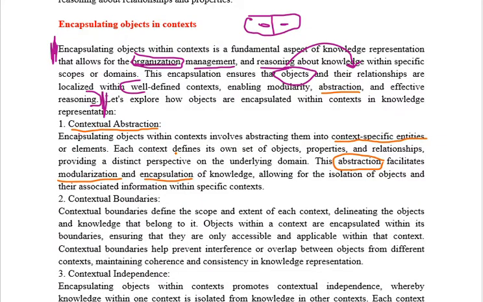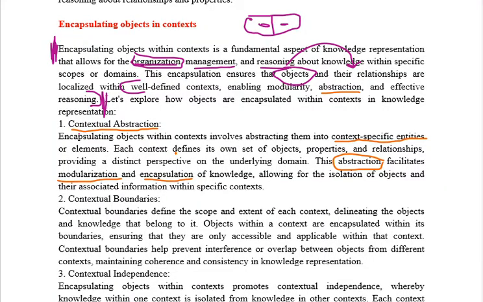Why do they always say specific context, specific data, specific element, specific entity? Because they focus only on specific information. They will not bother about unnecessary information; they focus on necessary, specific information only.